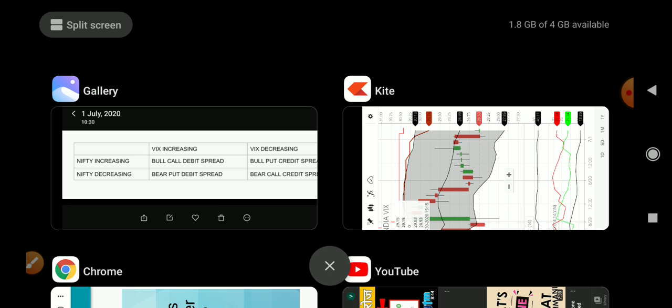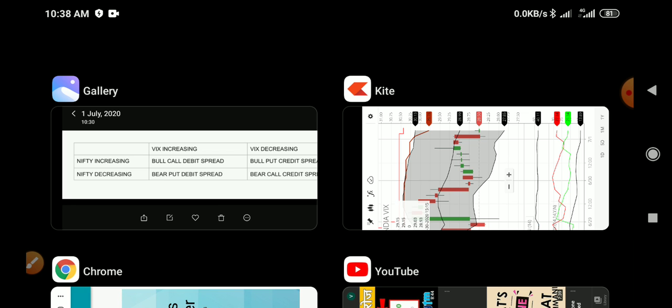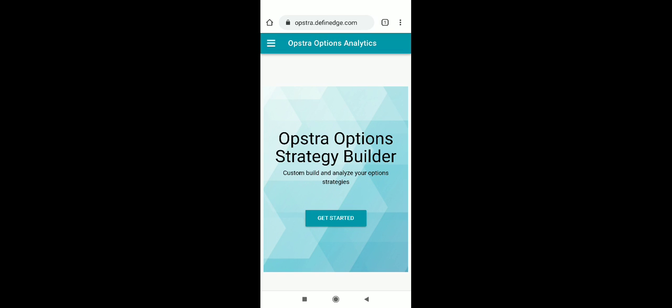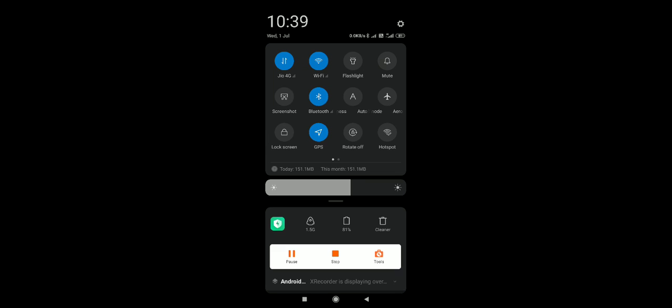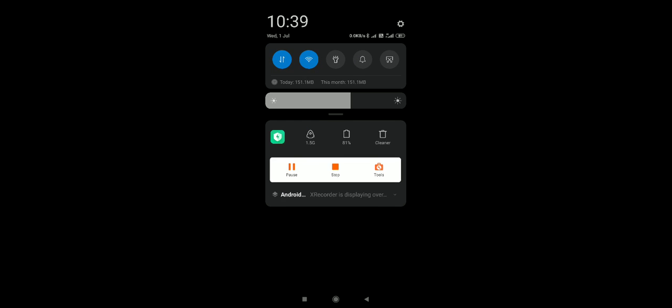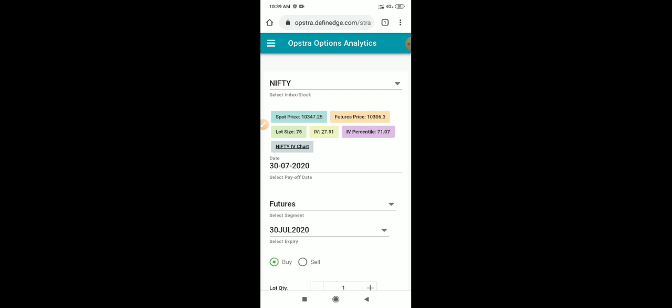I am opening Opstra, strategy builder. And we will see Bollinger Bands also. Just 1 second.